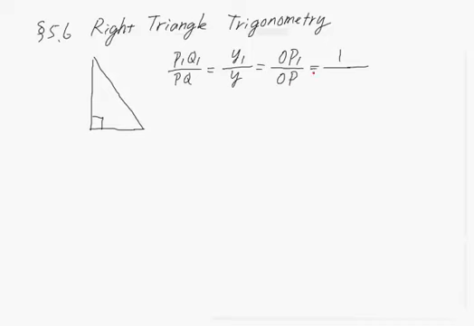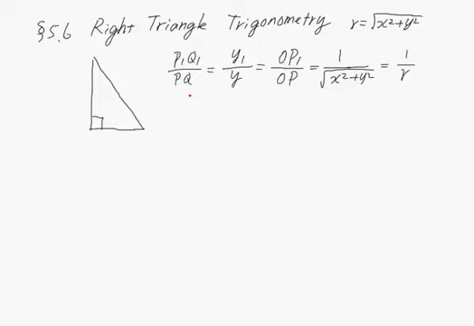And OP, that is the distance between P and O, we just found it. So that is the square root of x squared plus y squared. And we use r for this distance, the square root of x squared plus y squared. So this can be written as 1 over r. And this is the first trigonometric ratio we set up.